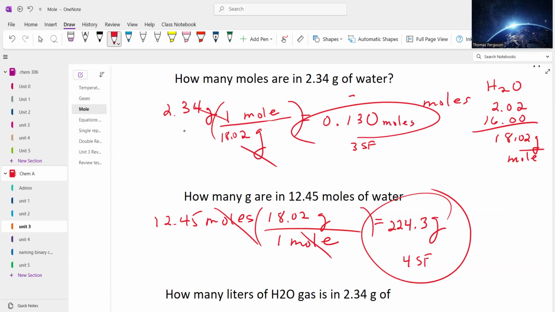Well, that's about as simple. Frequently, it's a two-step problem, with the intermediate going from seconds to molar.